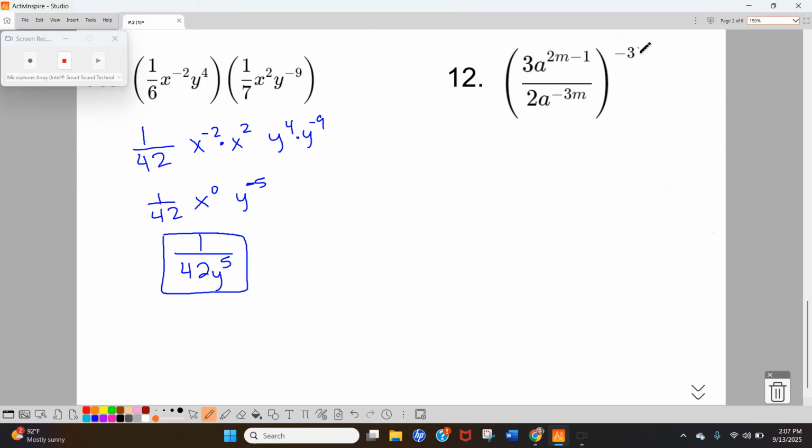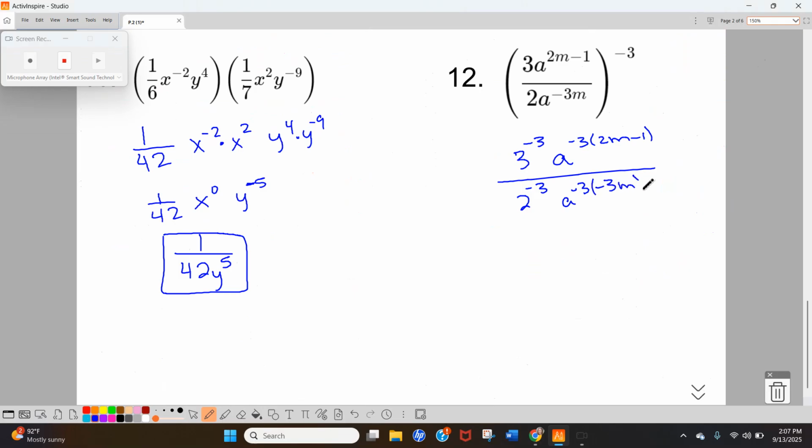I'll just do what I told you I was going to do. So if we take this -3, I'm just going to show you what it looks like if you, for some reason, do it this way. So then it'd be -3 times this. And then this would be 2 to the -3, and then this would have -3 times -3m.